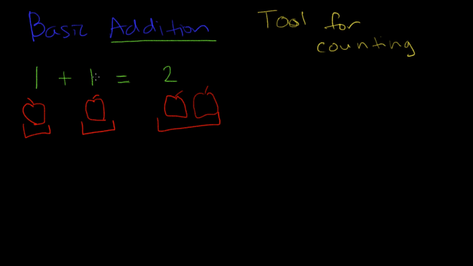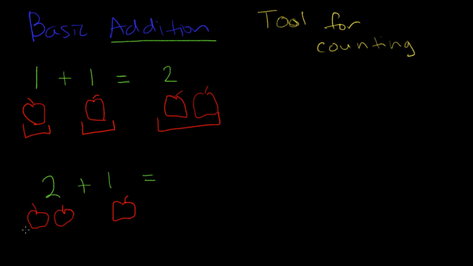And instead of 1 plus 1, let's do 2 plus 1. Okay? So now here I've got 2 apples, kind of looking like cherries now, but those are supposed to be apples. And then here I have 1 apple.